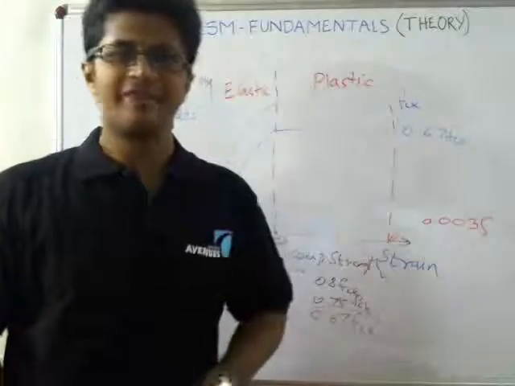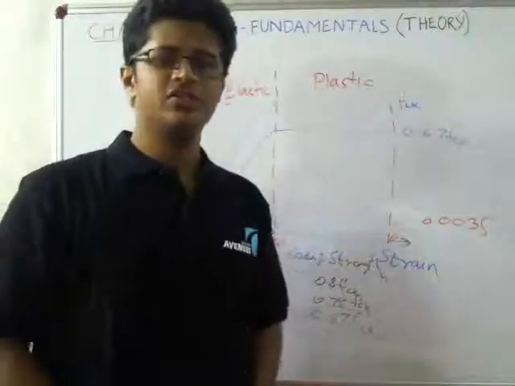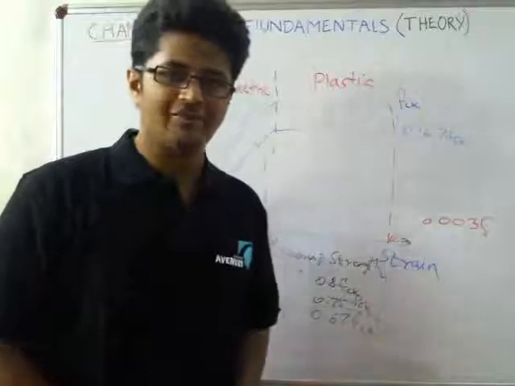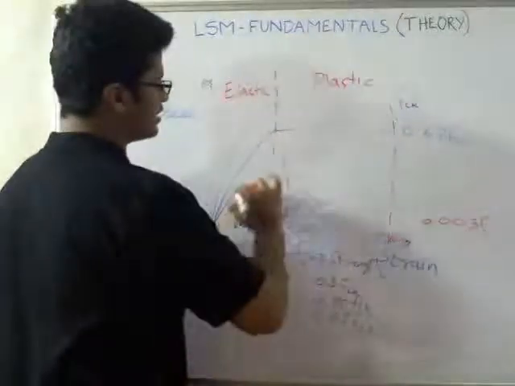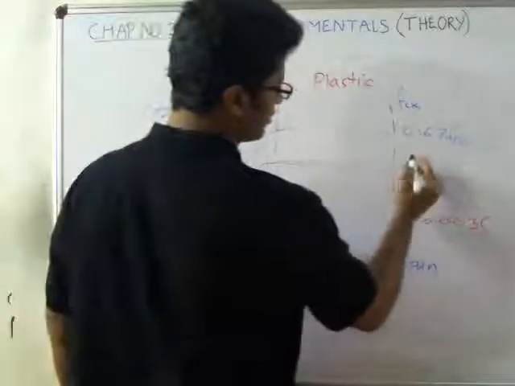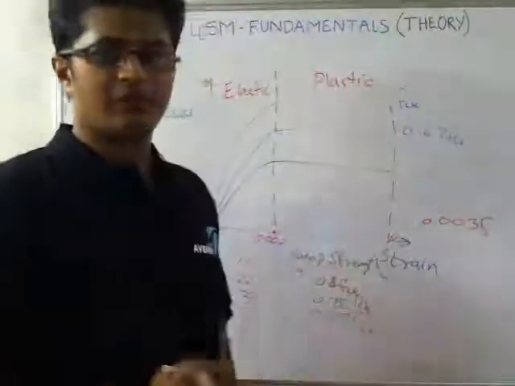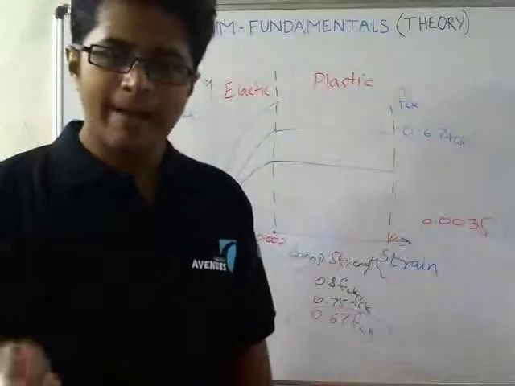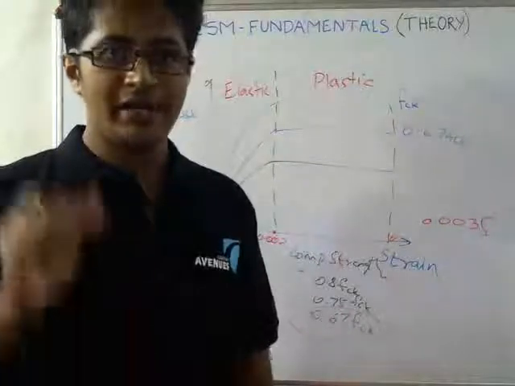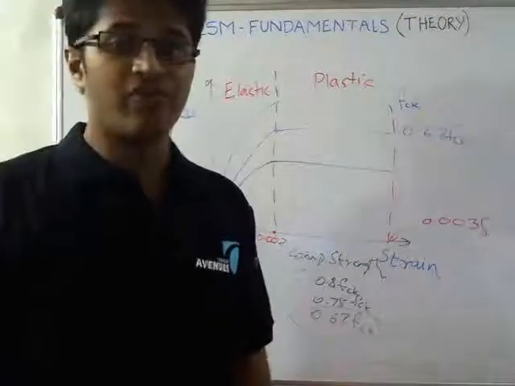Now we also apply a factor of safety which is 1.5 for concrete, which modifies the graph. If you use the calculator and divide 0.67 FCK by 1.5, you are going to get a value of 0.45 FCK.